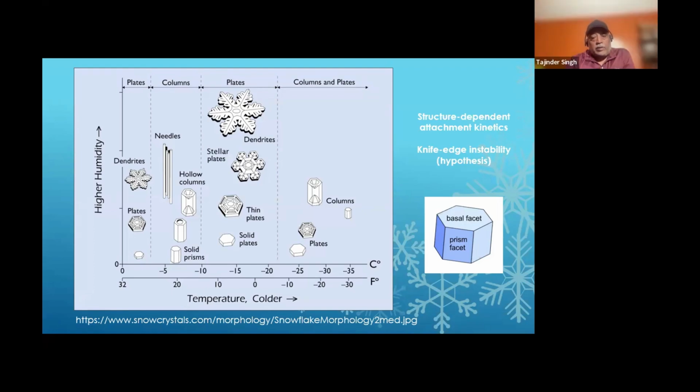I just had one. So like this prism and the basal facet that you were talking about. So let's say if they connect to the prism side, that means then the shape is of a hexagon, right? Versus being a needle. So the needles are just very, very tall hexagons. Okay. Whereas the plates, you've got thin plates, solid plates, or just plates.